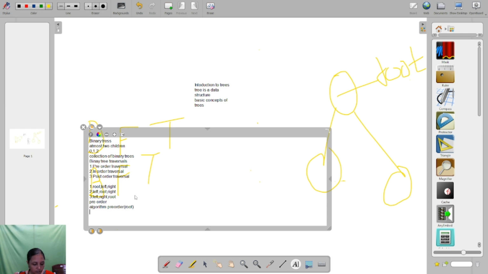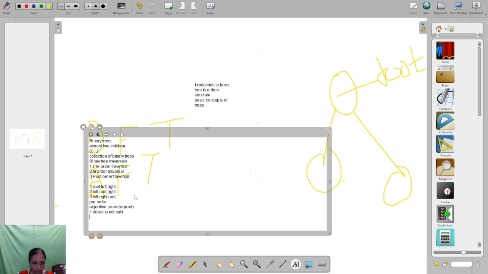Each node is processed in order. The first step is to check if root is not null. If this condition is true, you process the steps below. First you process the root, following the preorder rule: first root, next left, and next right.